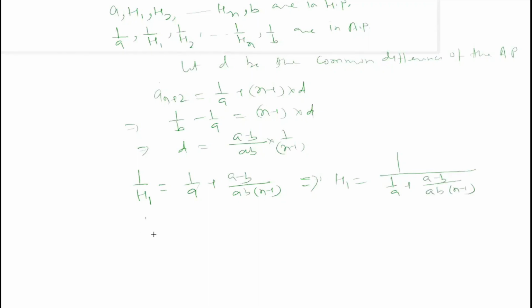1 by H2 will be equal to 1 by A plus 2 times A minus B upon AB into n minus 1. And this will imply H2 would be equal to 1 upon 1 by A plus 2 into A minus B upon AB into n minus 1.